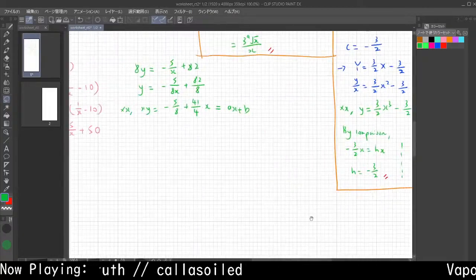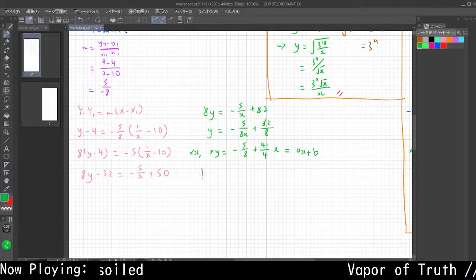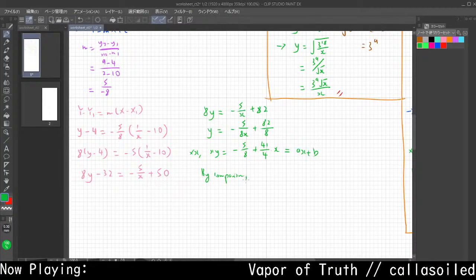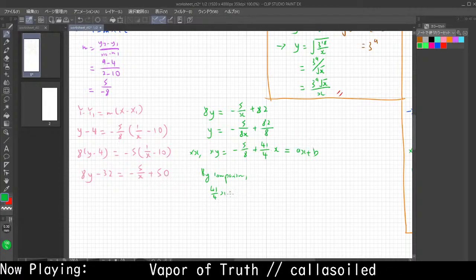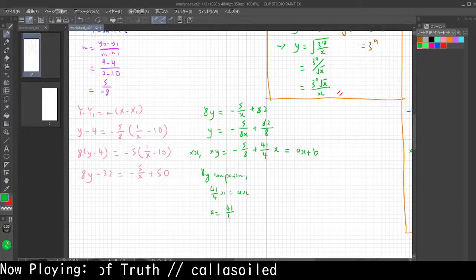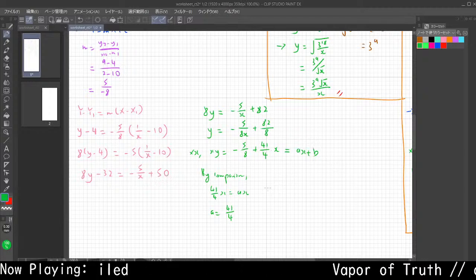Okay, so by comparison, your x will compare with your x, so 41 over 4 x equals 8x, x cancel, a equals 41 over 4. Your constant compares with your constant, so in this case it will be b.